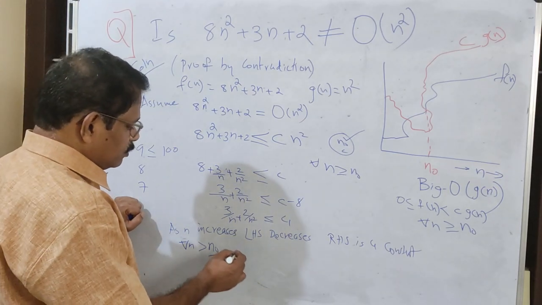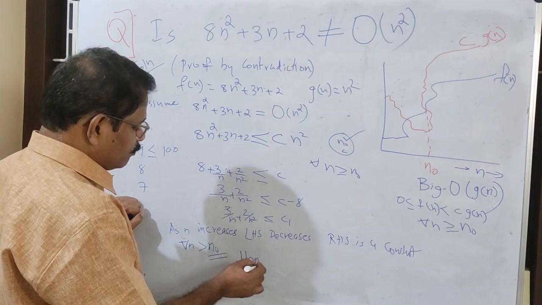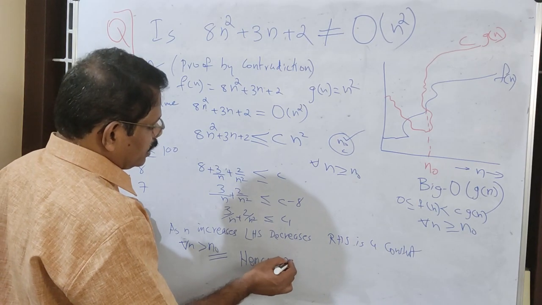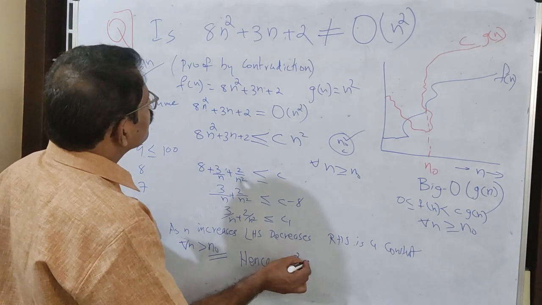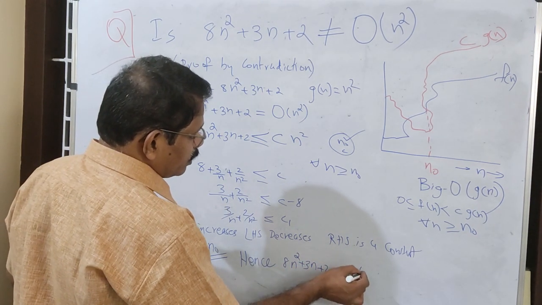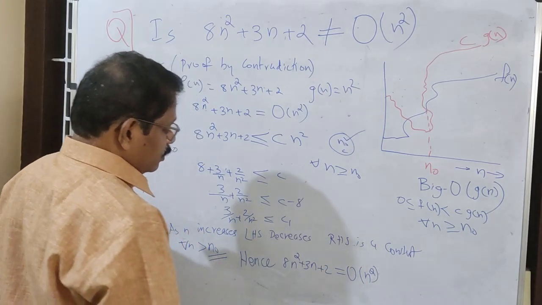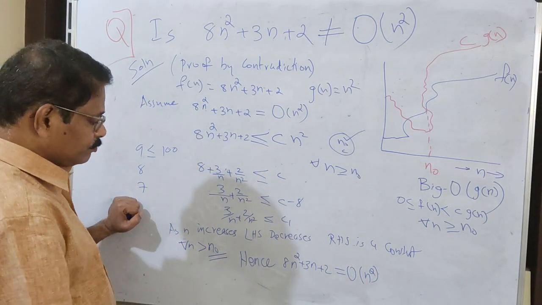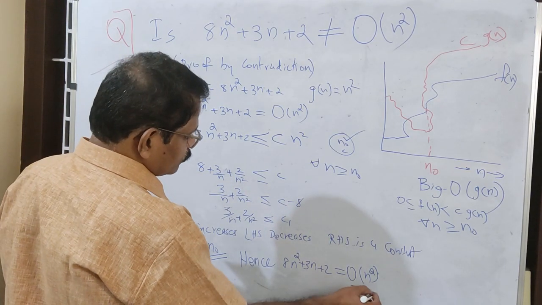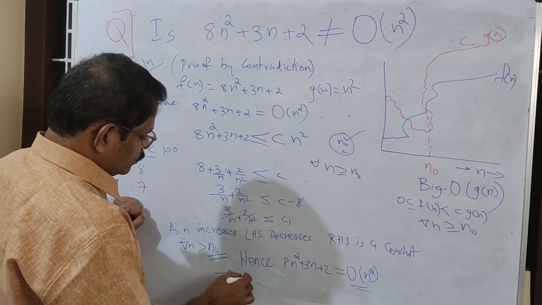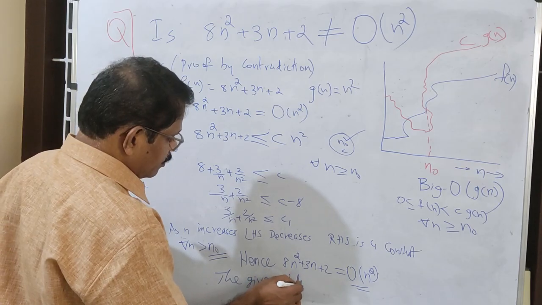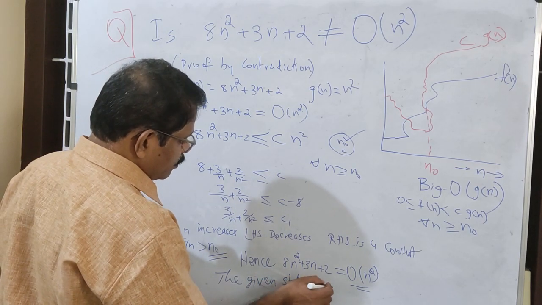Hence, our assumption is right. 8n square plus 3n plus 2 is of order big O n square. The given statement is wrong.